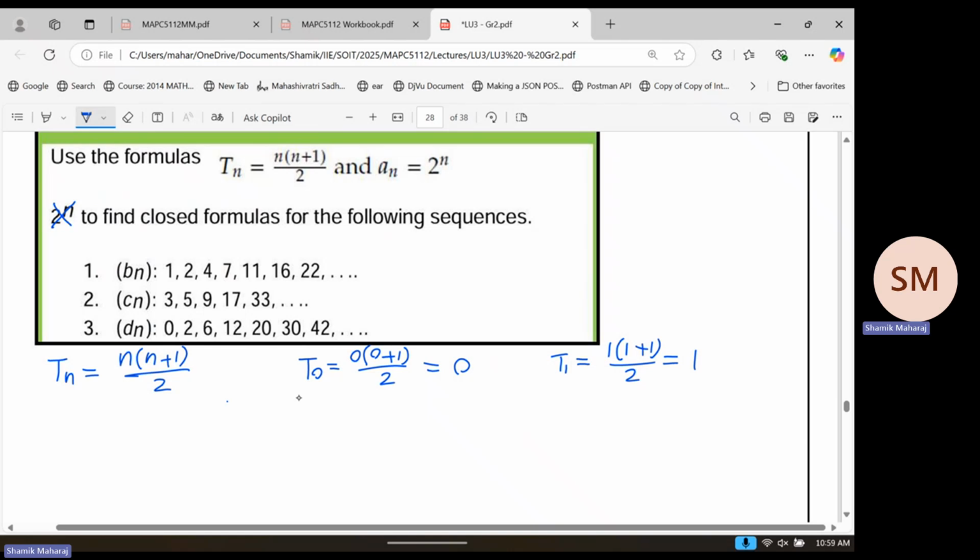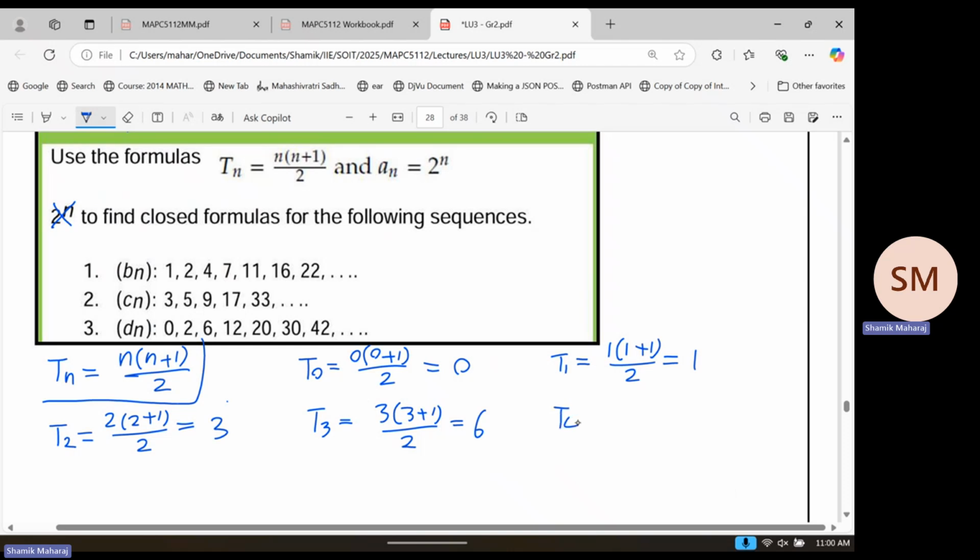I'm just going to work out a few of them, keeping in mind that that's what we're working with. T2 is 2 times (2 plus 1) over 2, which is just 3. T3 is 3 times (3 plus 1) over 2, which is 12 over 2, which is 6.